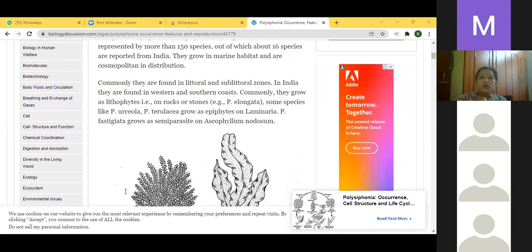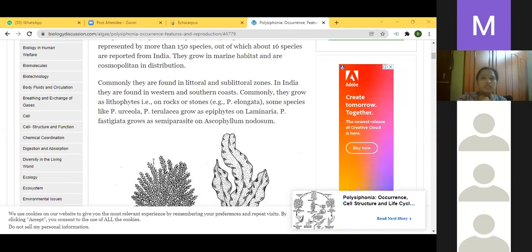Commonly, they grow lithophytic. What is lithophytic? They grow on rocks or stones. Example, Polysiphonia elongata grows on rocks or stones.